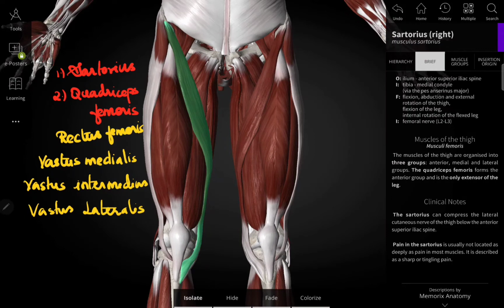And then there is another muscle called the articularis genu.